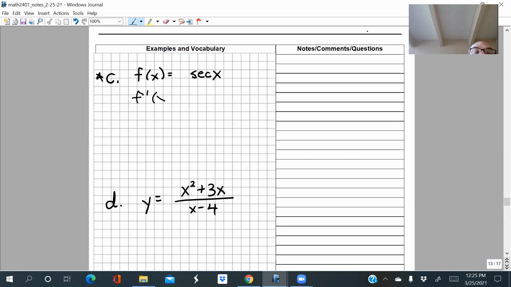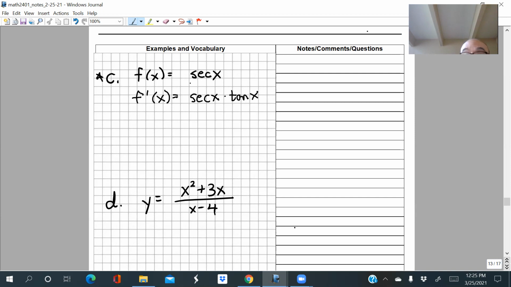You may not have memorized that one yet, but the first derivative of the secant, you'll recall we learned last time, is secant x times tangent x. So hopefully you're on your way to memorizing the derivatives of the trig functions, one of which of course is secant x.